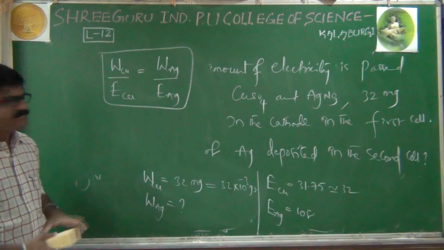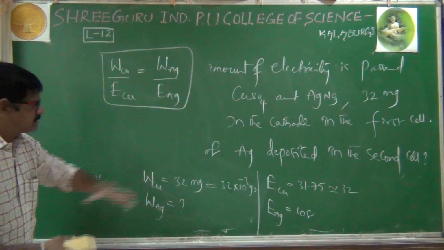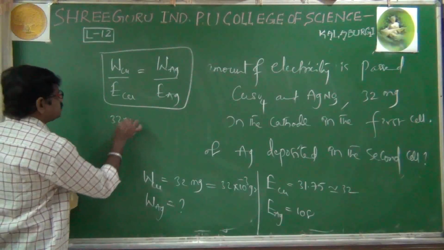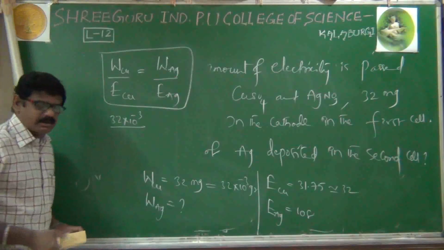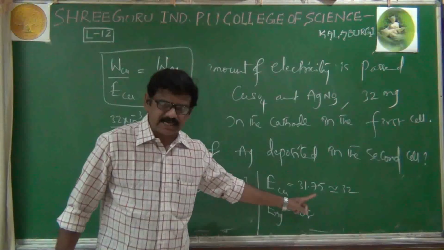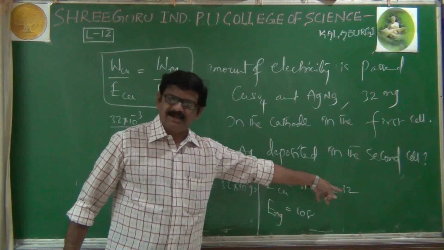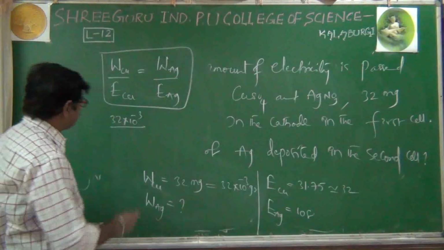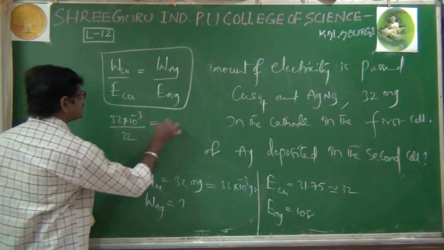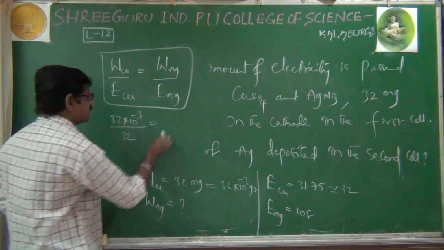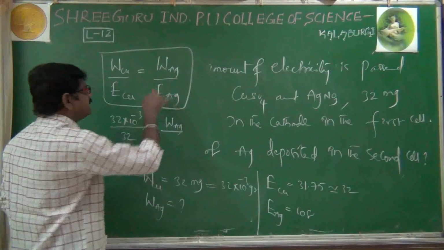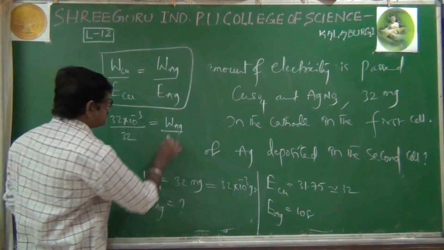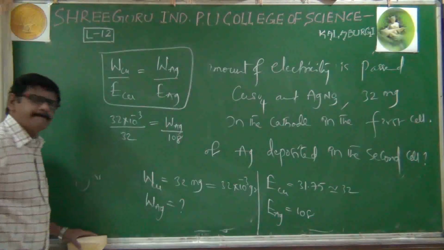Mass of copper is 32 into 10 to the power of minus 3, divided by equivalent mass of copper. Equivalent mass of copper is actually 31.75, but I have taken it as 32, a near round figure value. I'll write 32 only, equals mass of silver, which is what we have to calculate, divided by equivalent mass of silver, that is 108.